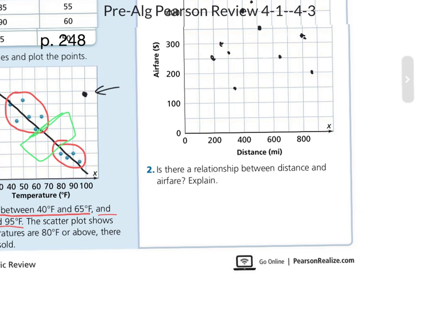So we could say there doesn't appear to be any pattern, so there's not any relationship between the distance and the airfare. Make a complete sentence: no, there's not a relationship between distance and airfare. And then there doesn't really look to be any particular clusters or gaps or outliers either.